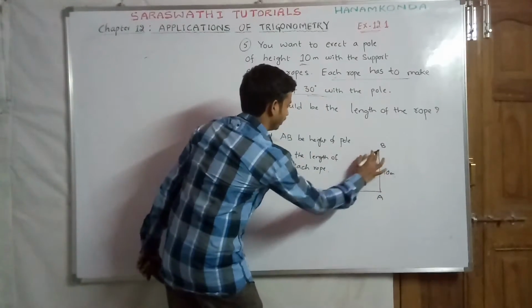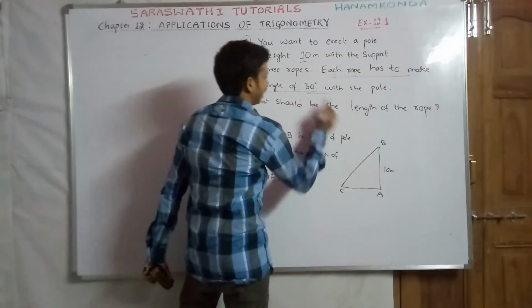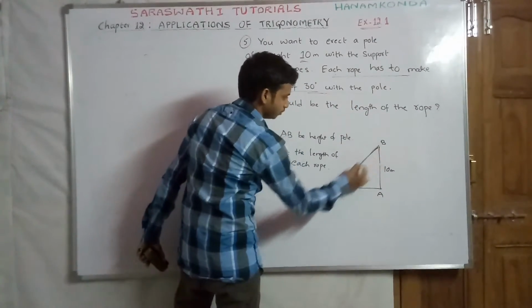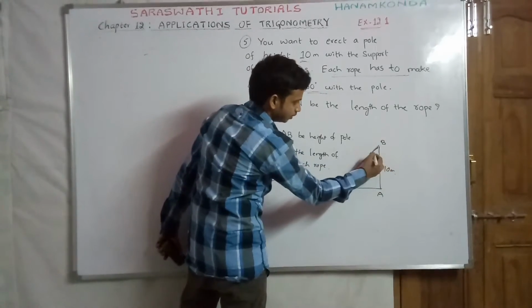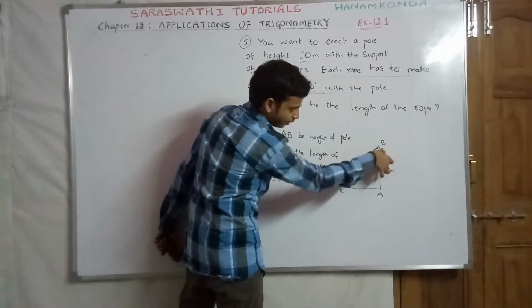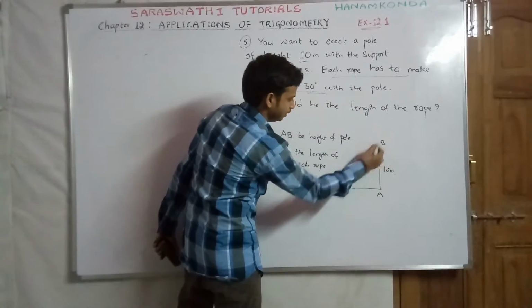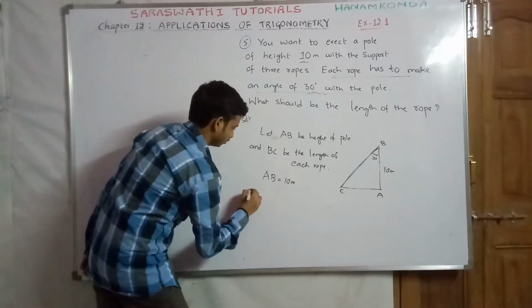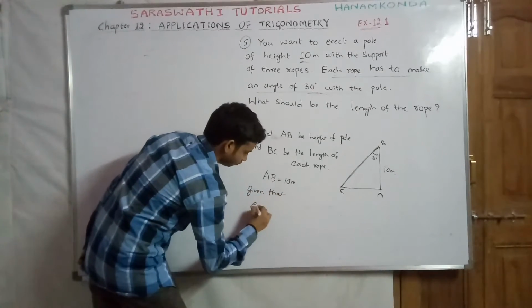Each rope makes an angle 30 degrees with the pole. That means the rope BC makes an angle 30 degrees with this pole AB. So angle ABC equals 30 degrees.